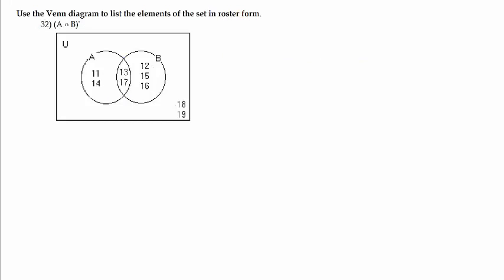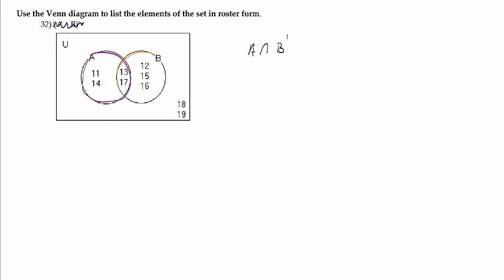Let's look at another similar example. I'm going to do a different variation of this. Let's say I want to find A intersected with B complement. So what's in A and then not in B? Not in B, let me do that in orange.